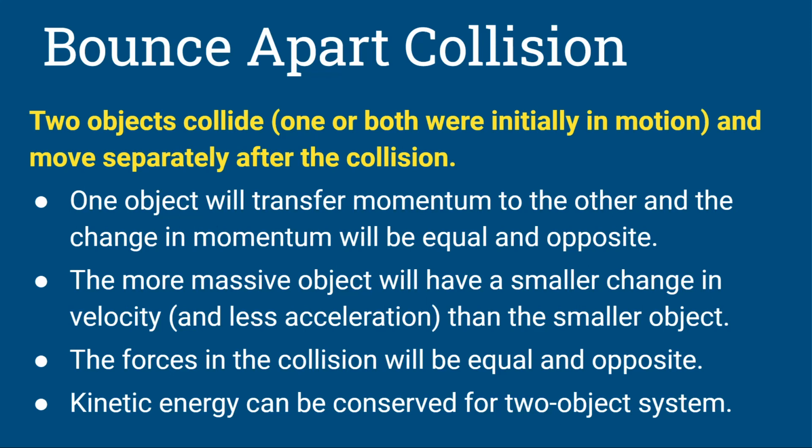So that you have the same total momentum at the end. The more massive object will have a smaller change in velocity and thus less acceleration than the smaller object. The forces in the collision will be equal and opposite. It is a force pair. The kinetic energy can be conserved for a two-object system.